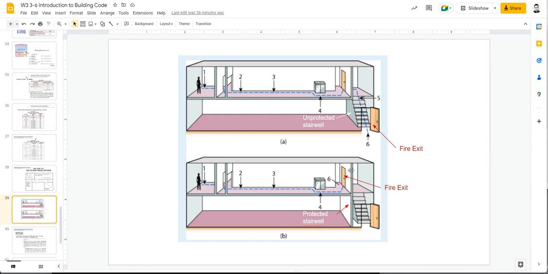You can push yourself out, then you can't get back in without a key. So that's considered a fire exit stairwell, and that's considered to be like an outside area. So again, how you design it is going to change the calculation of your travel distance.